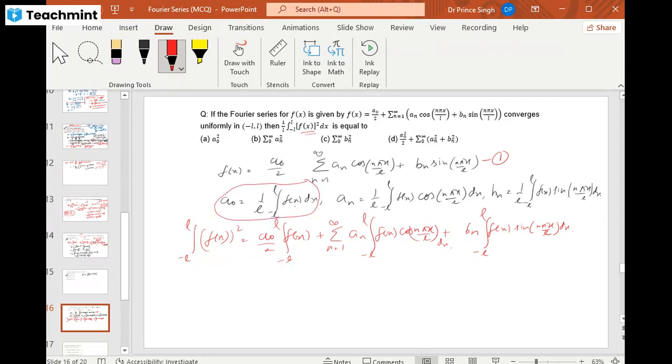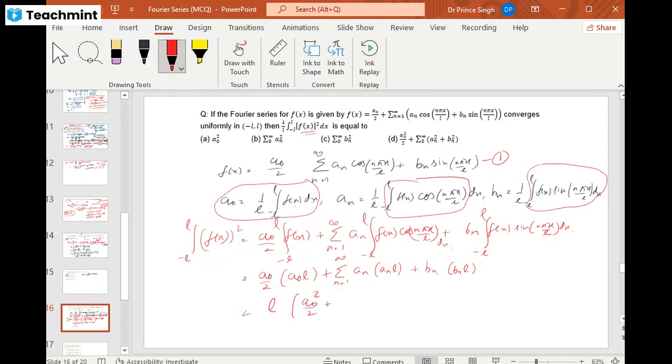This is a naught into L. So its value is a naught by 2 into a naught into L. Similarly, the value of this particular part is a n into L, and the value of this integral part is b n into L. So if we take L common throughout, this is a naught square by 2 plus summation a n square plus b n square.